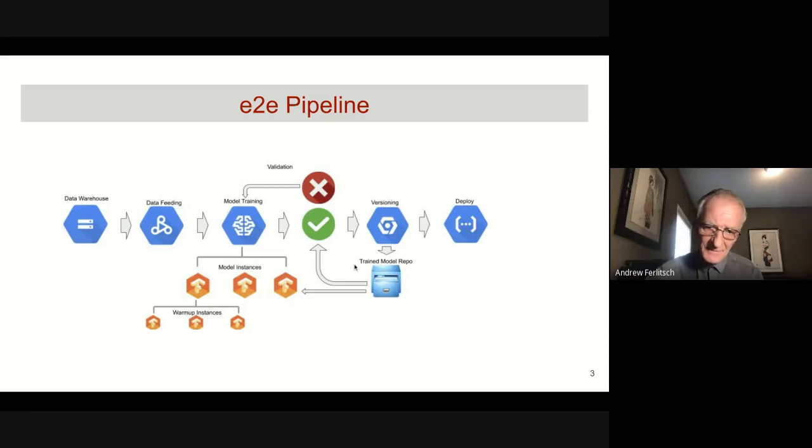And we're going to have some method of comparing the new one we just trained with the last good one that we had trained. And if it's not better, then of course we're going to repeat this cycle again. Otherwise, we're going to go ahead and version it and put it in our repo and then deploy. So we're covering in the data pipeline series really just this portion here.